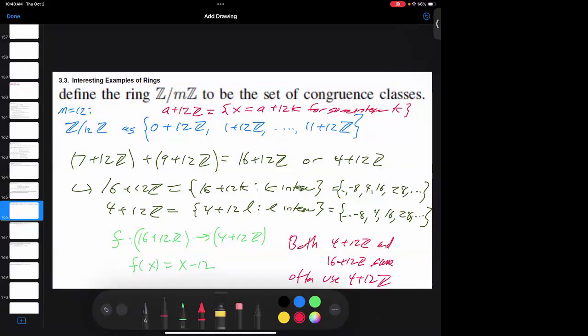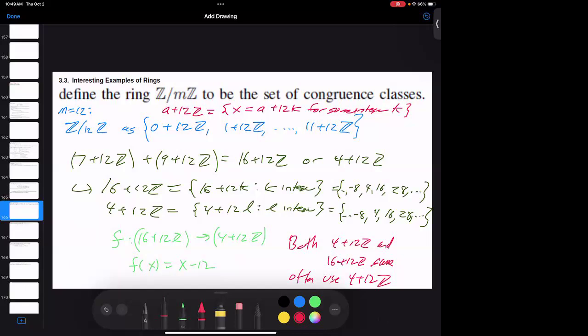So if I look at these elements, 0 plus 12Z, 1 plus 12Z, all the way up to 11 plus 12Z, to add any of them, I define the addition as taking any element in one and adding it to another. You can see it's going to be all numbers of the form 7 plus 9 plus a multiple of 12.